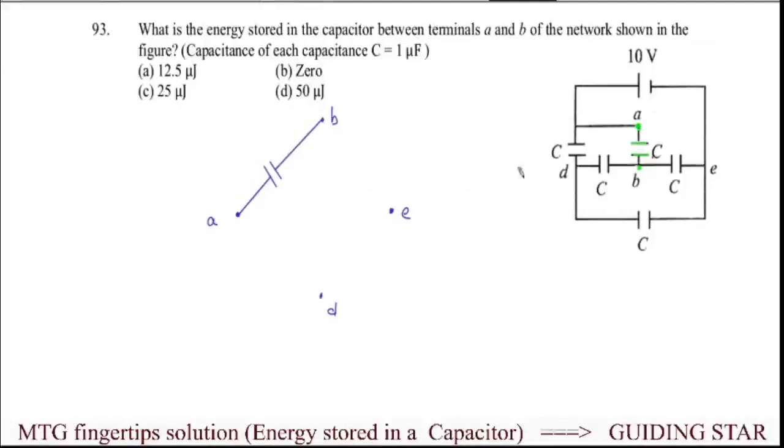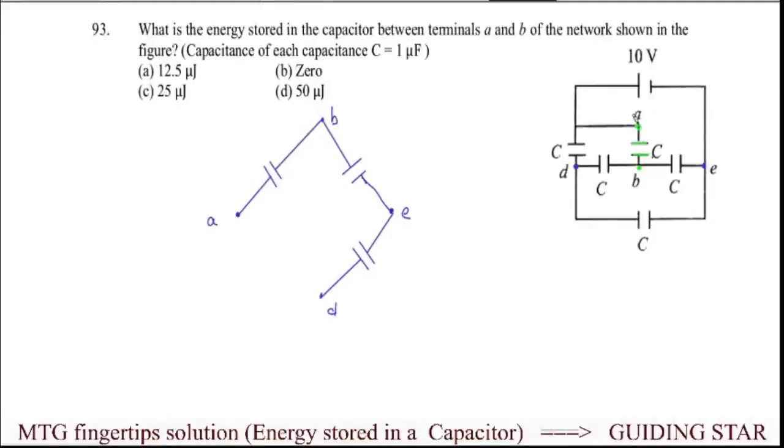And between B and E, this is the capacitor. Clear, this particular one. And similarly between D and E, this is D and this is terminal E. So between D and E, this is the capacitor which is connected between them.